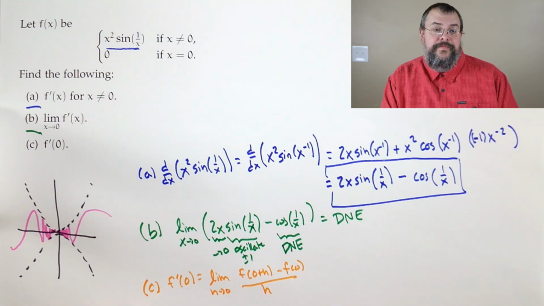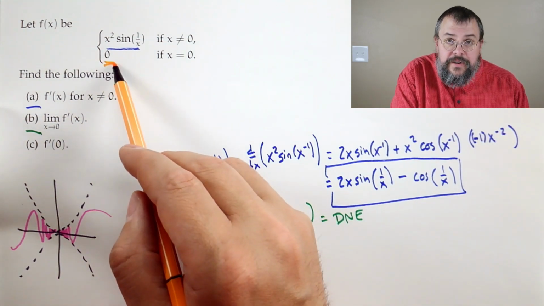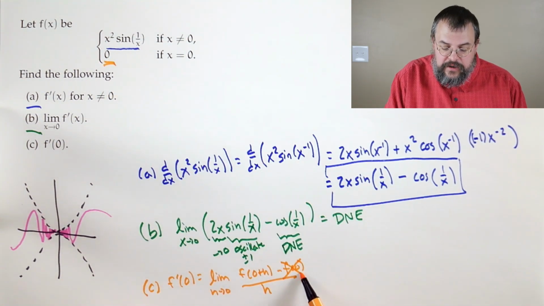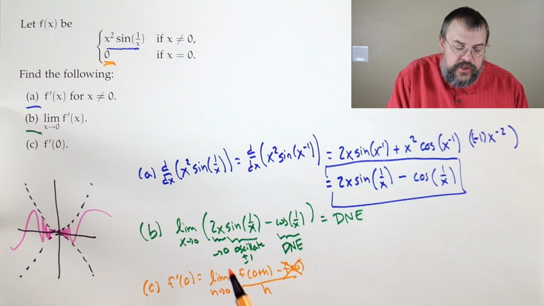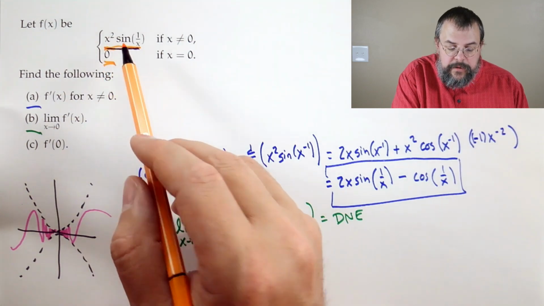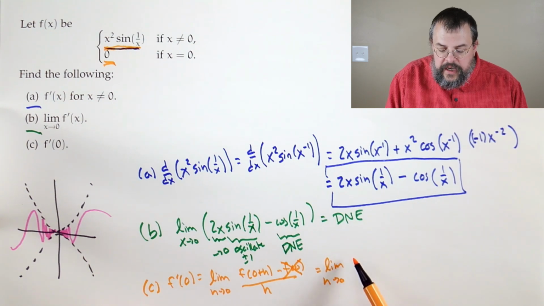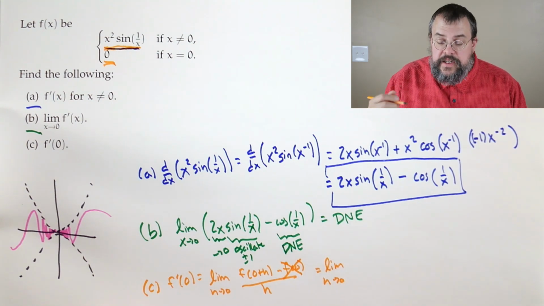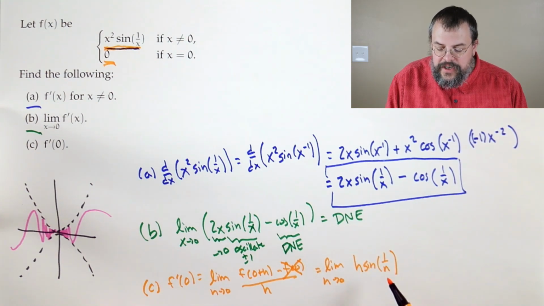Good to know. Now, the nice thing is that f of 0 is 0, so that's going to go away. And then notice here we have f of h, so that's going to become h squared sine 1 over h. I'm dividing by h, so this is the limit as h goes to 0. And if we cancel off one of those h's in the front, we're going to get h sine 1 over h.